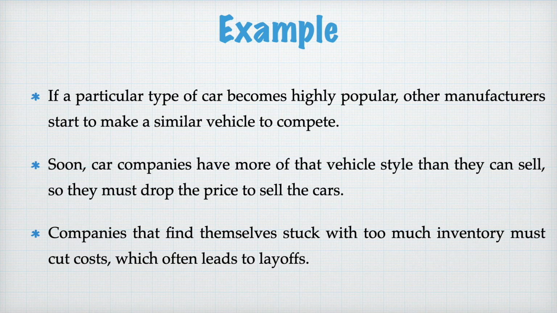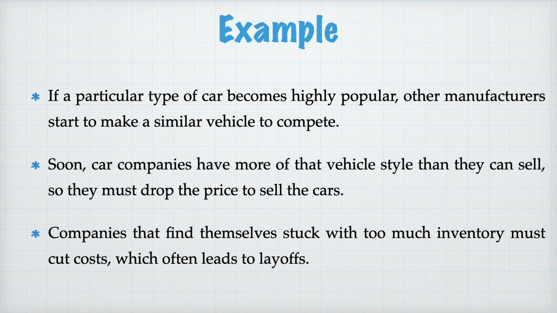Soon, the car companies have more of that vehicle style than they can sell. So they must drop the prices to sell the cars. Now, there is the same kind of car or product manufactured by so many companies that they are difficult to sell. Yes or no? If your company's products or goods are unique and different, you can attract customers easily.